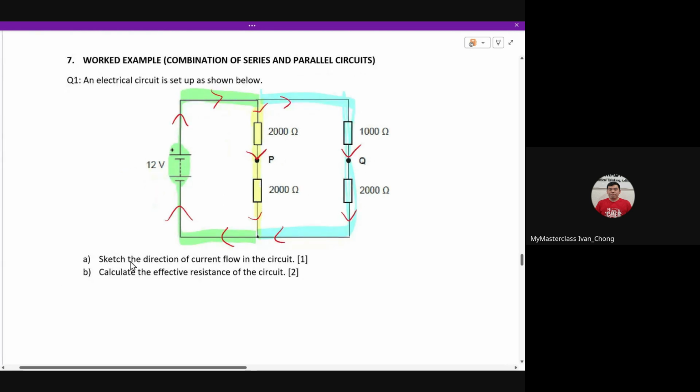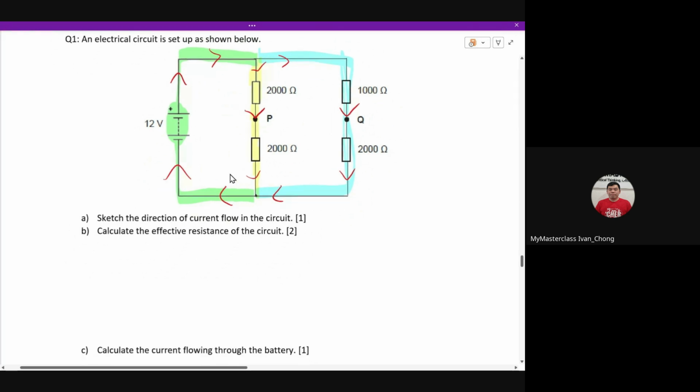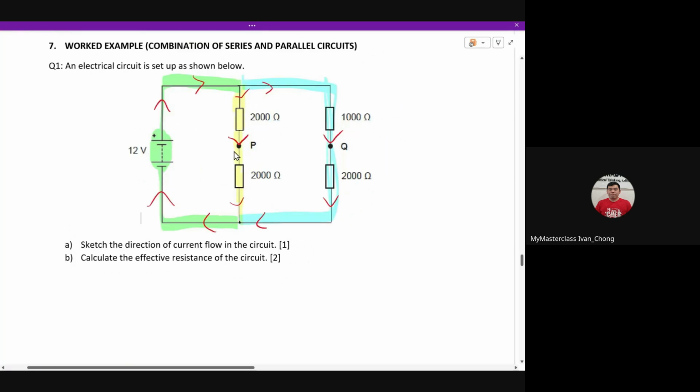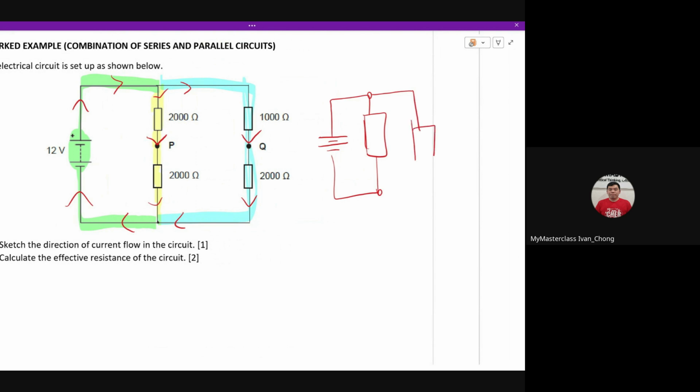So what is the effective resistance of this circuit? First thing is you look at the yellow color part. These two are in series, so if you combine these two, it will be 4,000.